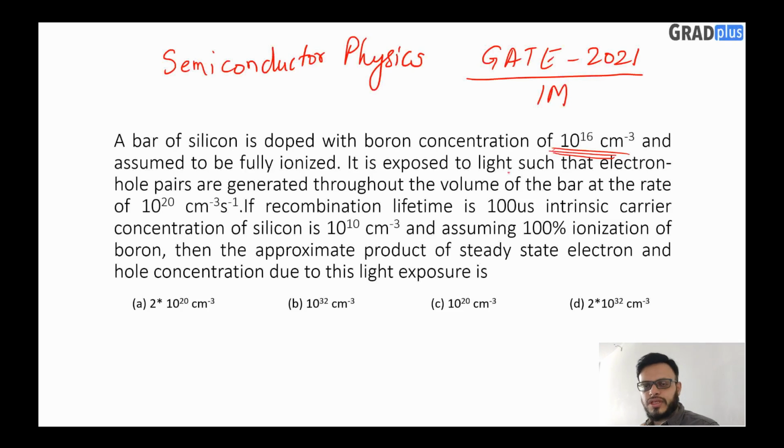What do you call that doping concentration? If your semiconductor is becoming N type, then you will call that doping concentration as Nd, and if your semiconductor is becoming P type, then the doping concentration will be termed as Na.